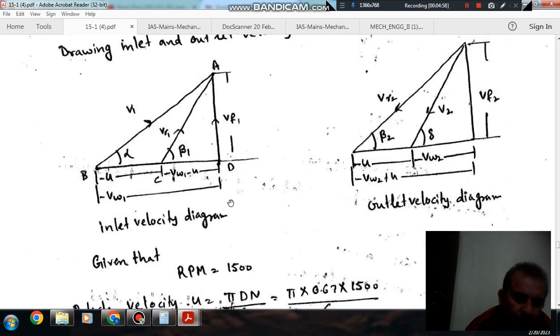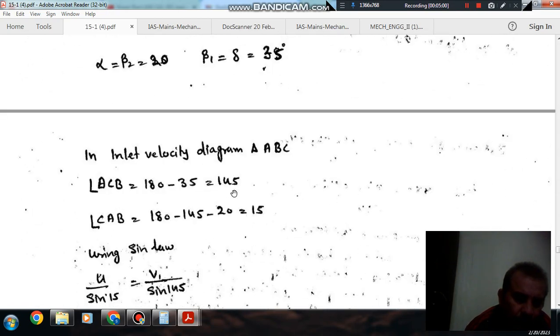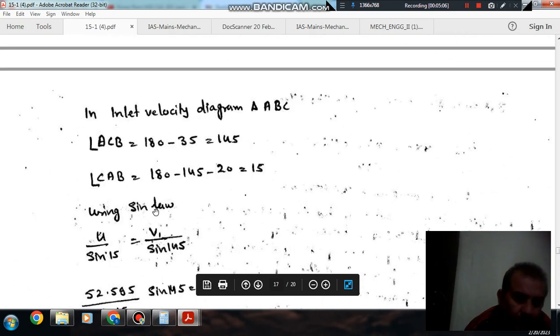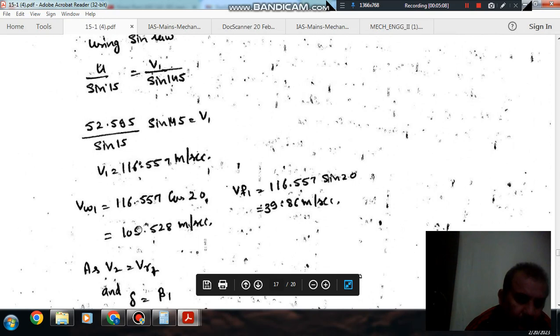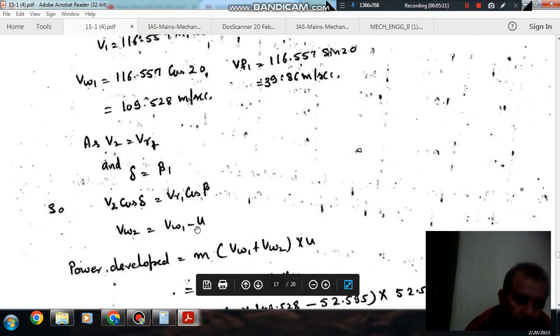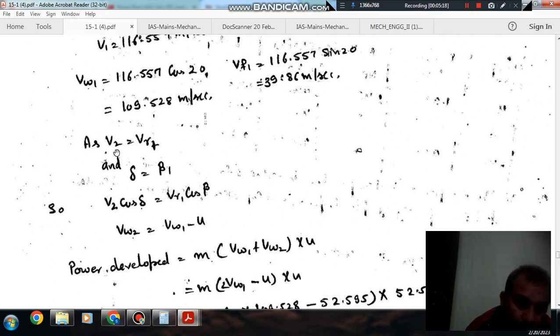Now V2 is equal to VR1, and delta is equal to beta 1, so V2 cos delta will be equal to VR1 cos beta.